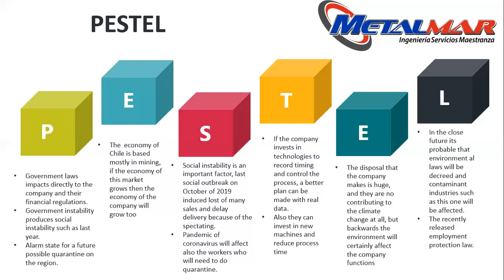And then we have social. First, social instability is an important factor. The last social outbreak in October of 2019 caused the loss of many sales and delayed deliveries because of the uncertainty of people who didn't know what was going to happen.